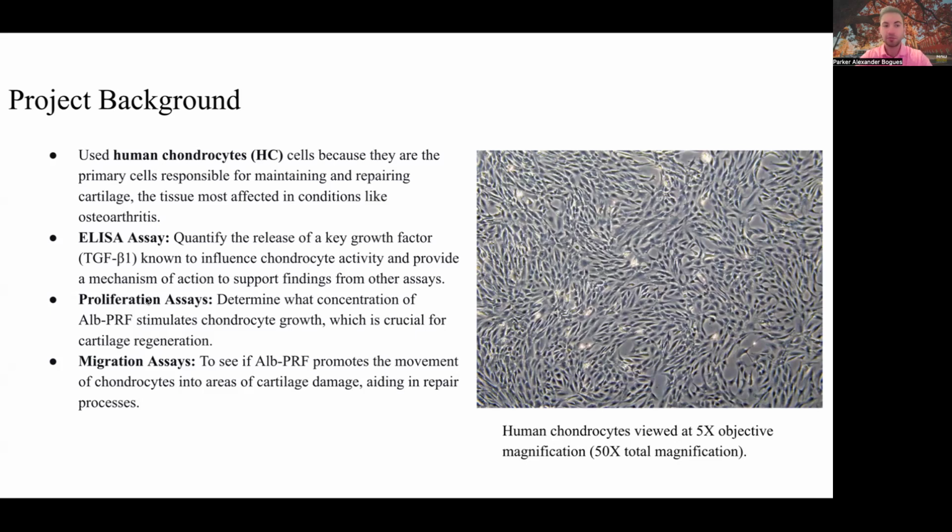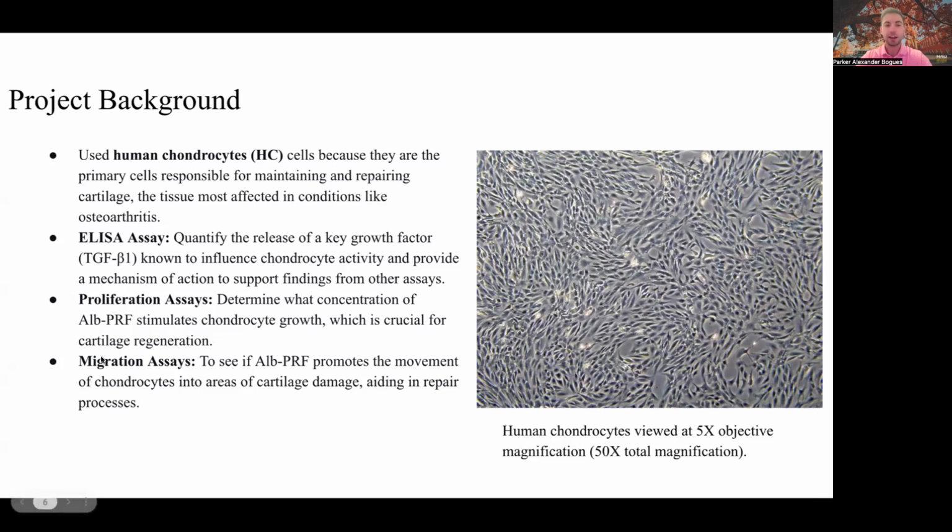I also did 2 proliferation assays, one measuring metabolic activity and one measuring DNA content. It was important to do these 2 assays to determine the optimal concentration of albumin platelet-rich fibrin and human chondrocyte cells in vitro on the benchtop. And the last assay I did was a migration, or scratch, assay.